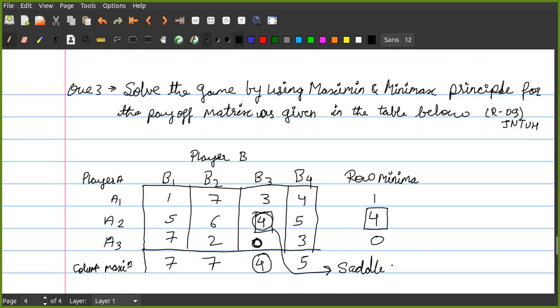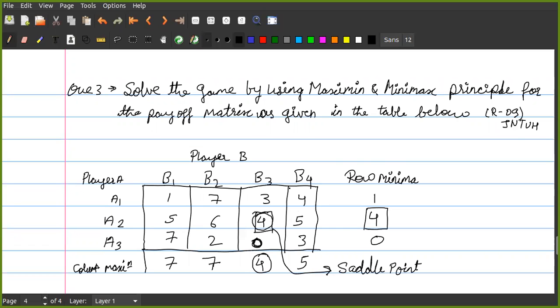Sir, in the exam, do we have to draw separate tables for row minima and column maxima? Yes, in the exam you will have to draw separate tables for row minima and column maxima, then a separate table for the saddle point. Because I am orally speaking it, that's why you are able to understand it.